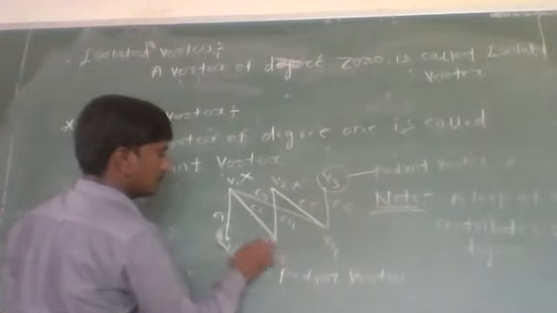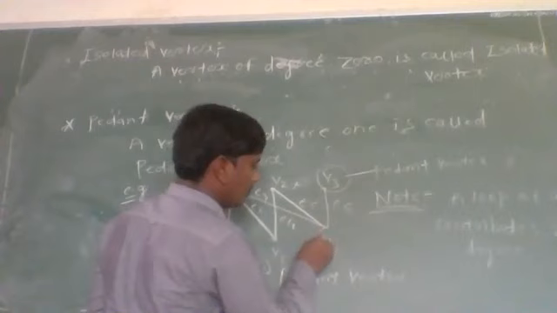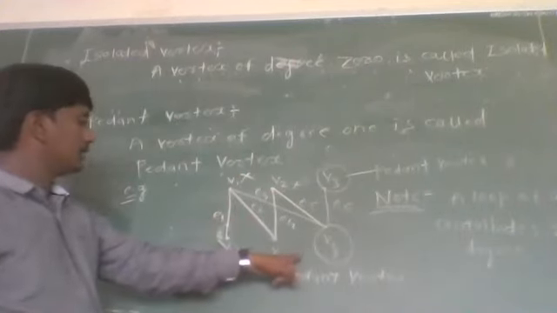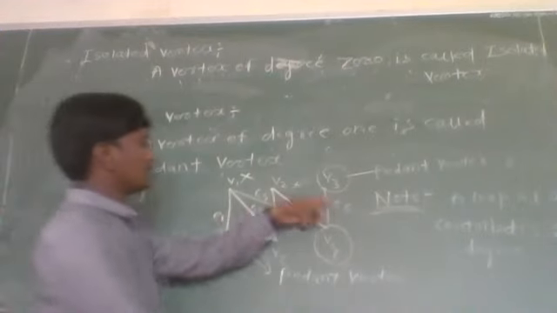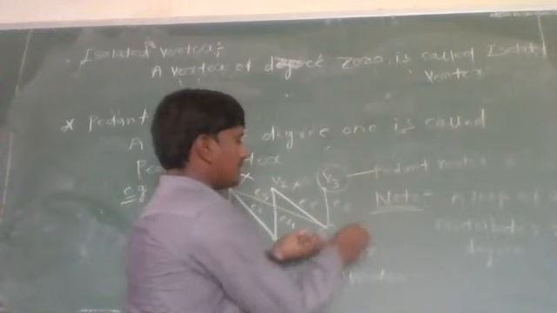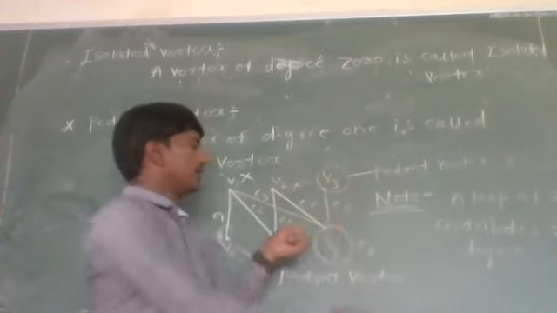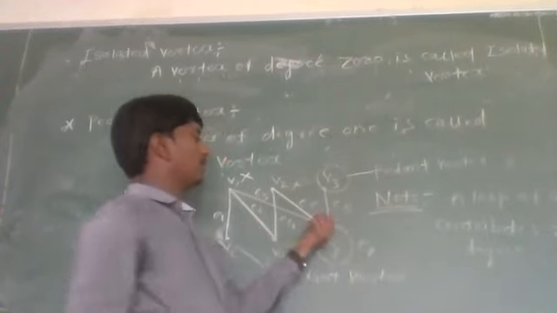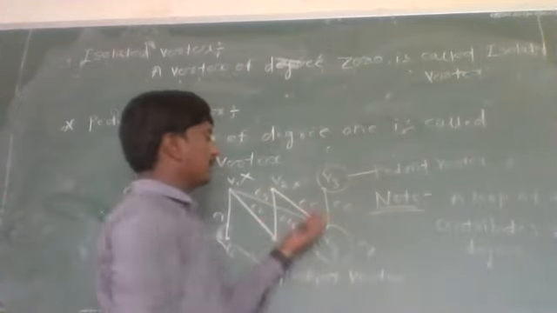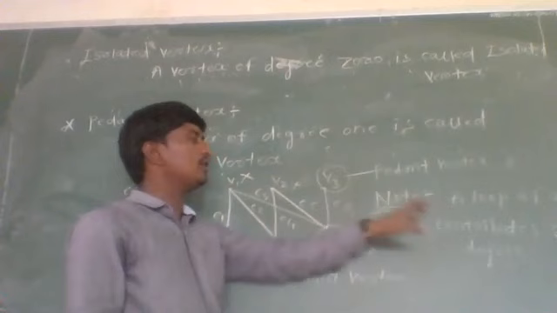If there is one loop at vertex V4 which is an edge E7, then this edge E7 has two ends, starting from vertex V4 to V4 itself. Then this loop contributes 2 degree.